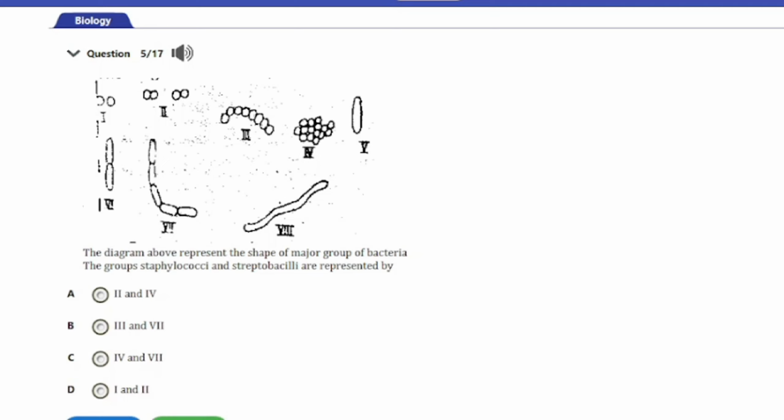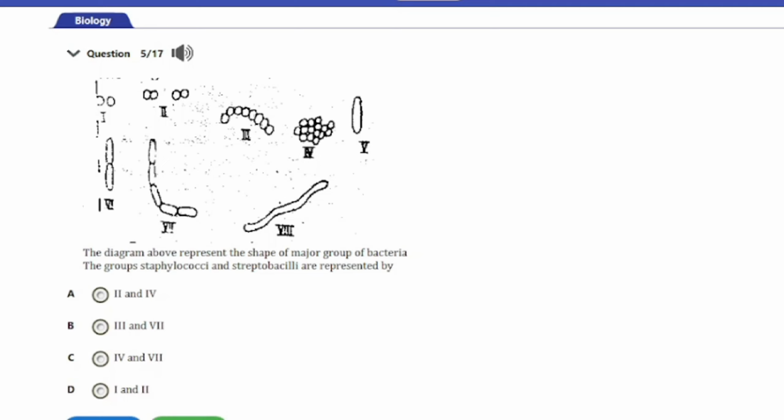So don't mind how I'm pronouncing cocci. I often hear people pronounce it differently, and I don't know the actual pronunciation. But just understand the answer to this question and how the bacteria are grouped. So that is for that question.